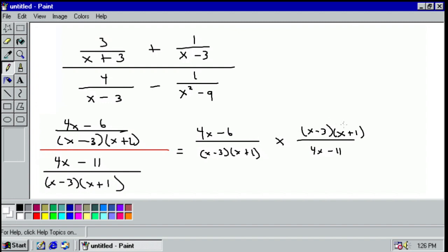Now as you can see, since these and these are the same, you can just simply cancel them. Now what you have left is 4x minus 6 over 4x minus 11. So that's it for this video.